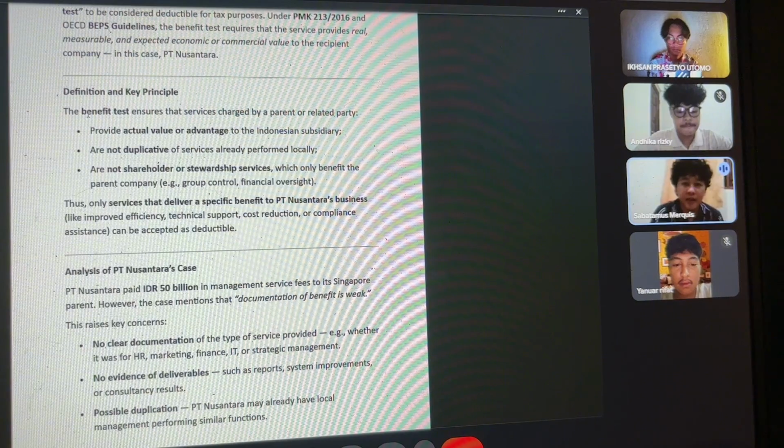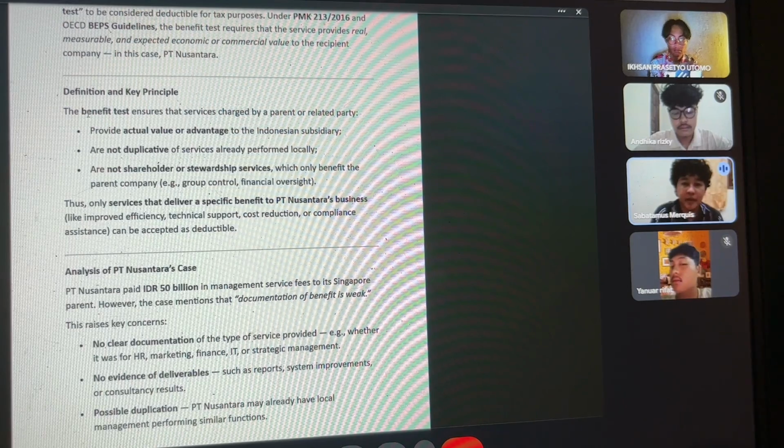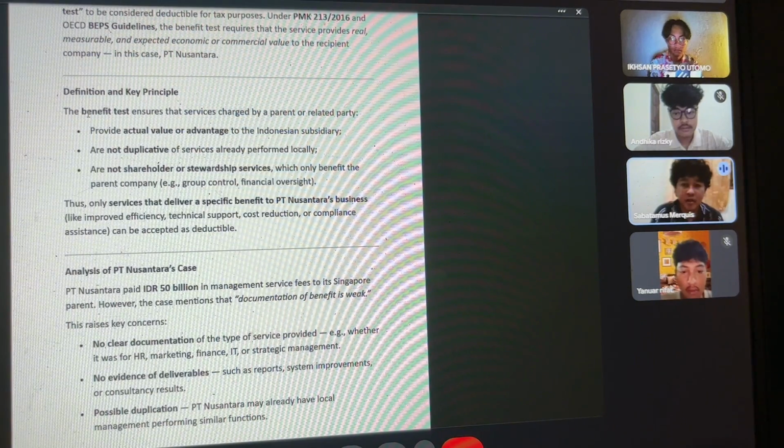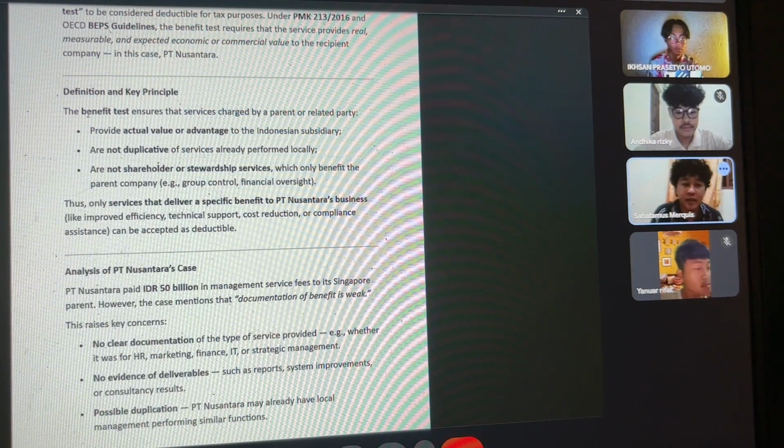For example, group control, financial oversight. Thus, only services that deliver a specific benefit to PT Nusantara's business, like improved efficiency, technical support, cost reduction, or compliance assistance, can be accepted as deductible.